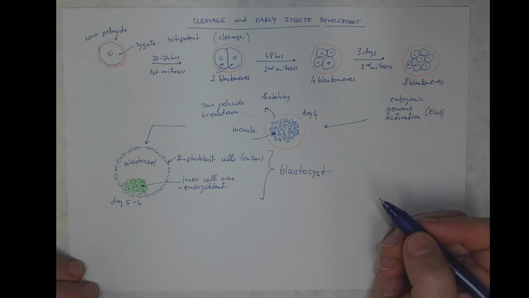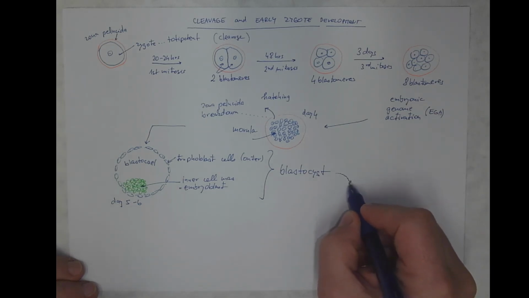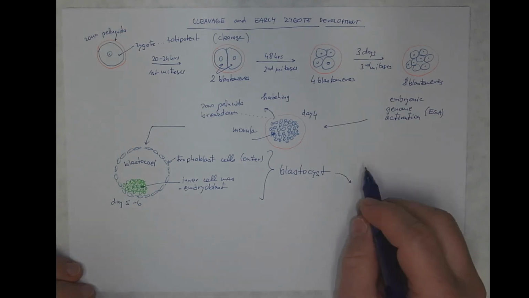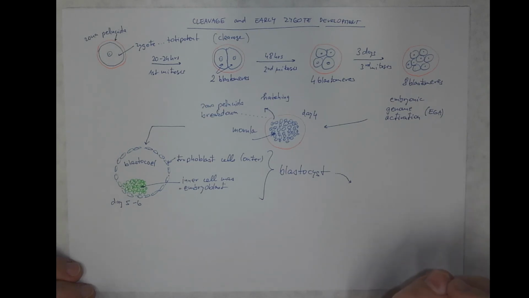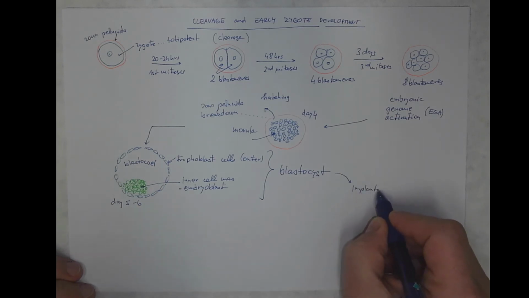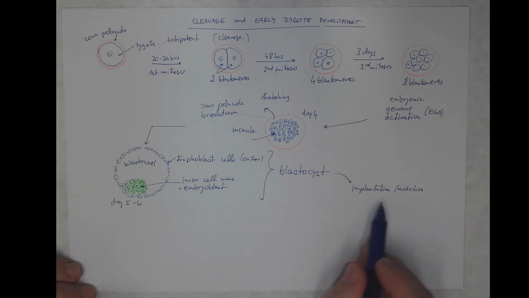And the further fate of the blastocyst will be entering the uterine cavity, adhering to the mucosa of the uterus, and implant, which is called implantation or nidation. Implantation of the blastocyst.